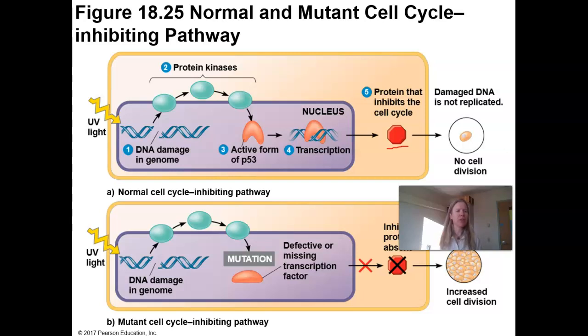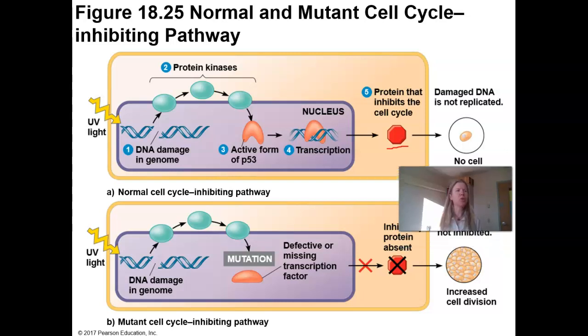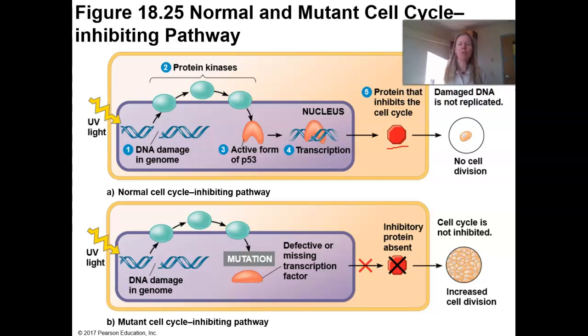So this set of genes that can also be mutated are called tumor suppressor genes. So they should be stopping cell division. So notice what happens here, right? As long as the tumor suppressor gene is correct, it's producing this protein. It's called P53. We're going to get transcription of our stop signal, right? And we don't get cell division. And this is actually really appropriate, particularly if there's DNA damage.